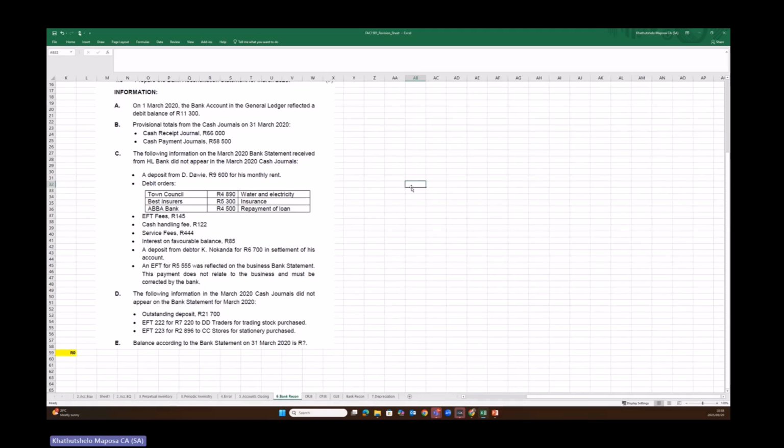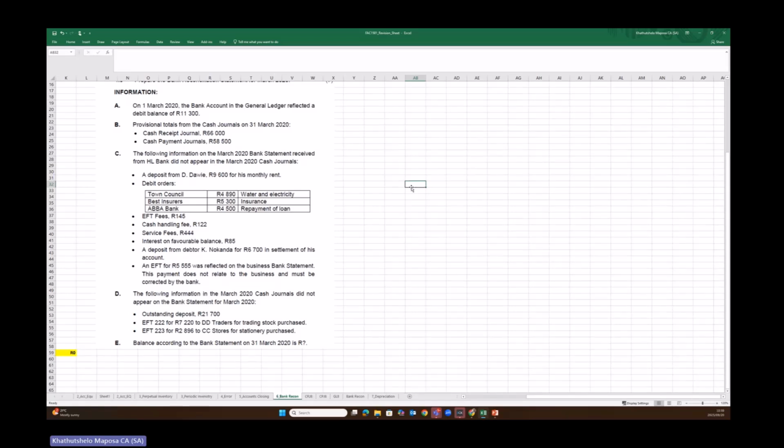Majority of the time when you are asked to do the bank reconciliation statement, we're not going to give you a big bank statement and cash receipts and say tick. Sometimes we might give you that, but most of the time we're not.